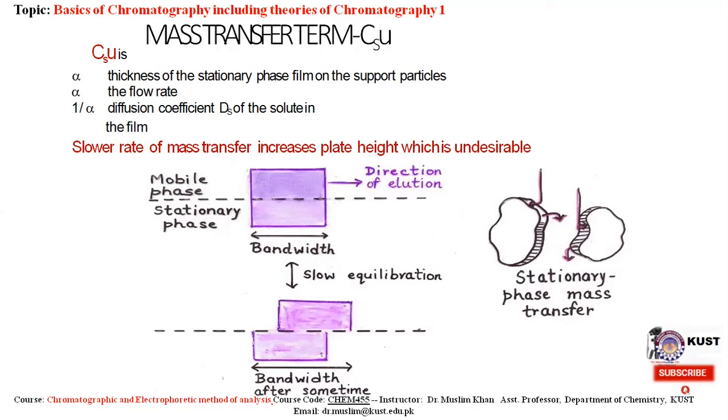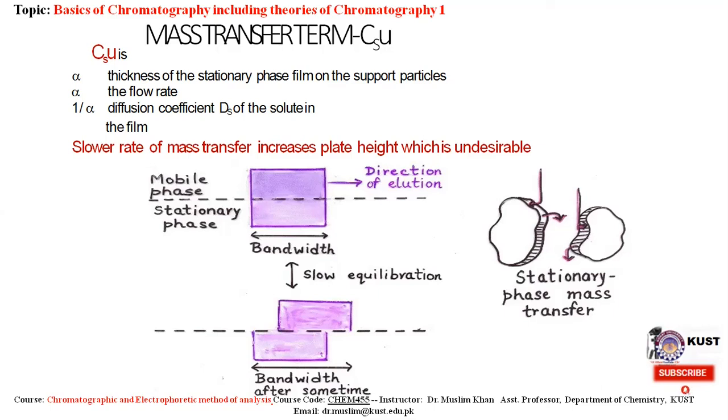Similarly, when the sample is injected, it is confronted with a fresh carrier gas mobile phase which pushes it towards the column. At this stage, there is no equilibration between the stationary phase and the mobile phase, and the mass is transferred to the column where it is absorbed, stuck, and doesn't move for a while.